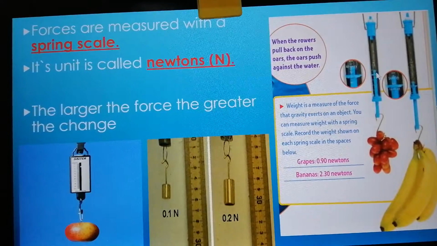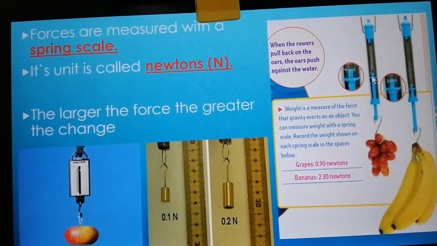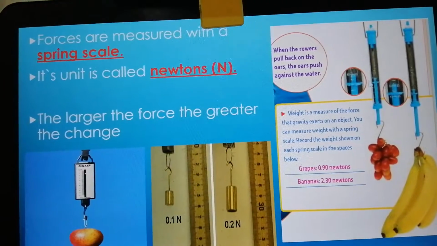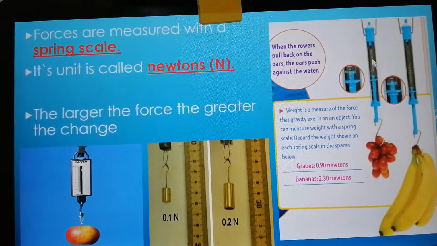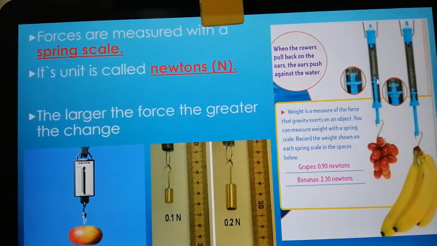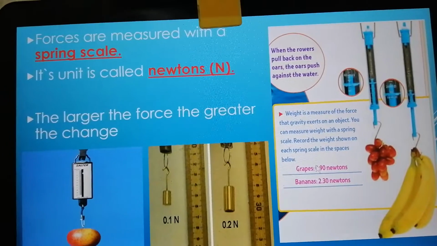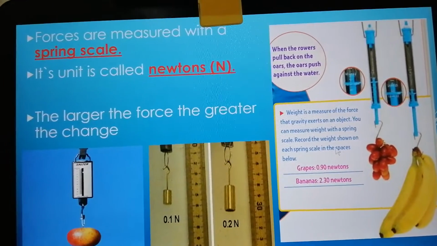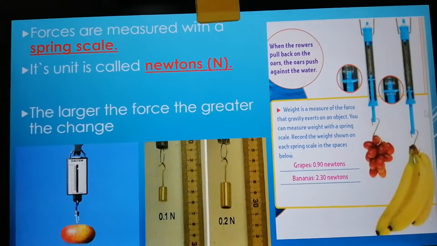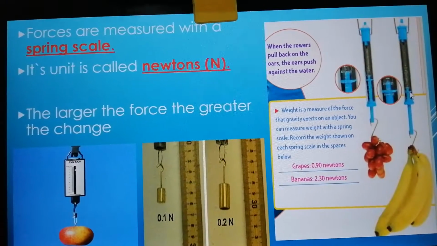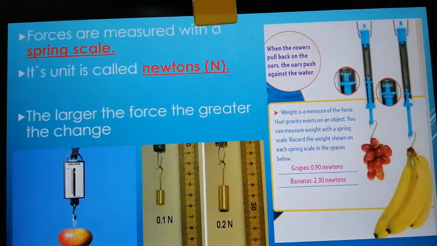Where is the spring scale? It is here, almost at the third quarter of the spring scale. The grapes' reading is 0.9 Newton. What about the bananas? Look at the bananas. Where is the spring scale? It's down there. It's very low.